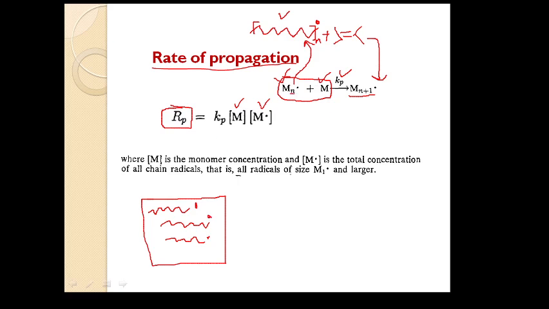So this M dot represents the total concentration of all chain radicals, right? So when we synthesize a polymer within a reaction chamber, there is a possibility of the existence of so many active radical chains. So the total concentration of all these active radical chains is represented by M dot. Therefore, this is the parameter of challenge, to find M dot.